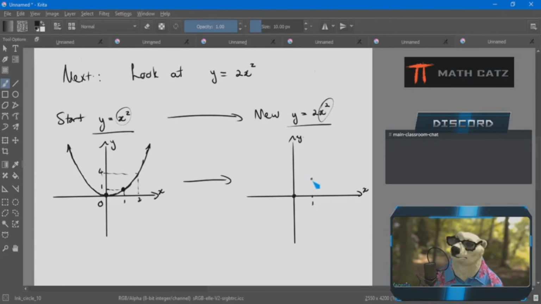So now I'm going to sit higher up. I've doubled my y value to 2. If I look at what happens at x equal to 2, originally, 2 squared, right-hand side, is still there, and then I double it. So it's going to be even higher at, let's say, 8 sits over here. And the same thing happens on the left. So what I get, oh, that's not actually the best point there.